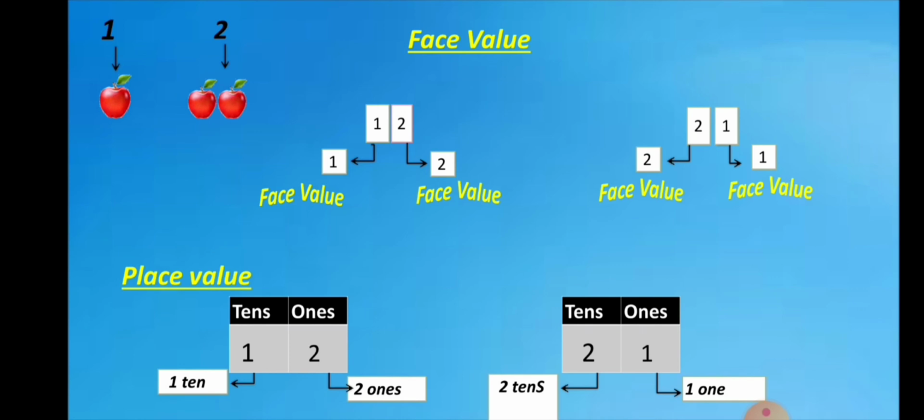In first example, one digit on tens place, so place value of 1 is 1 ten. If in number 21, 1 is on ones place, so the place value of 1 is 1 one. Okay, place value will change. Place value of a digit is the value of the digit because of its place in a number.